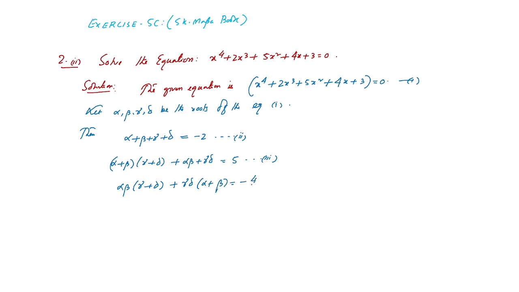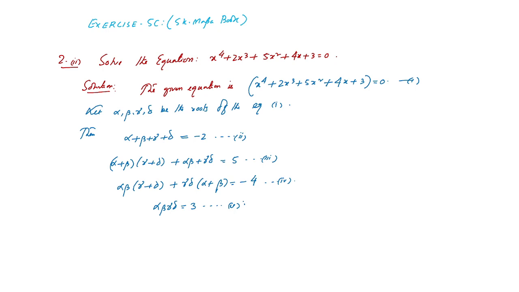It will be minus 4 by 1, so that means minus 4. And alpha beta gamma delta equals 3. So it is equation number 5.